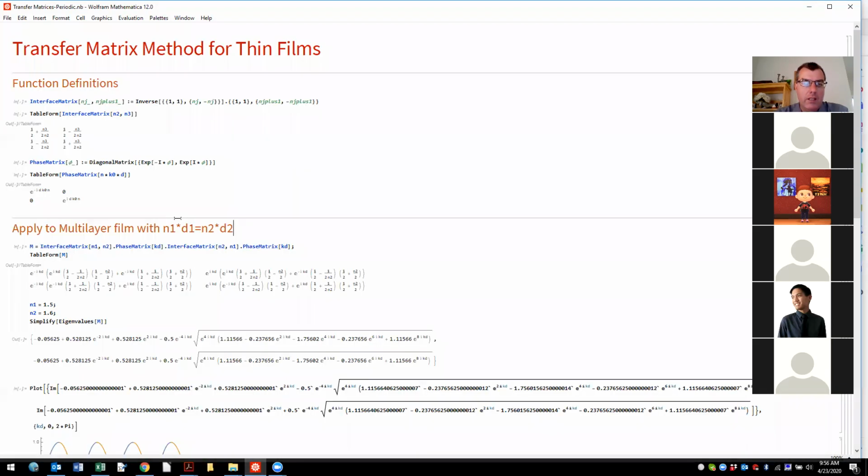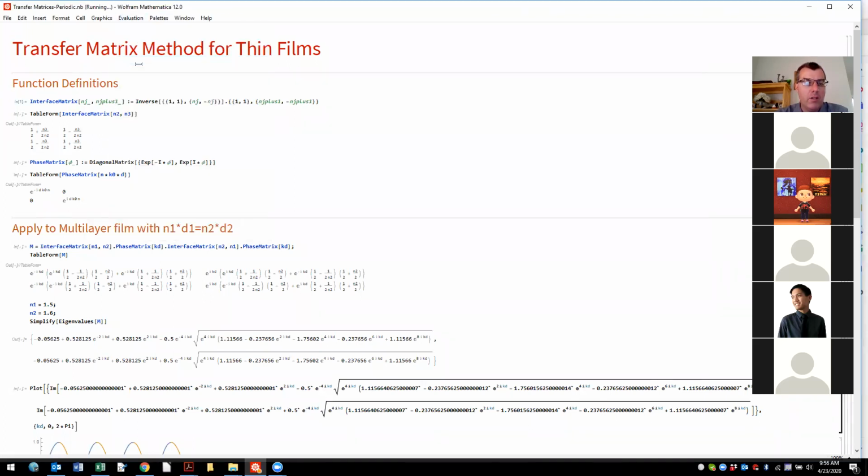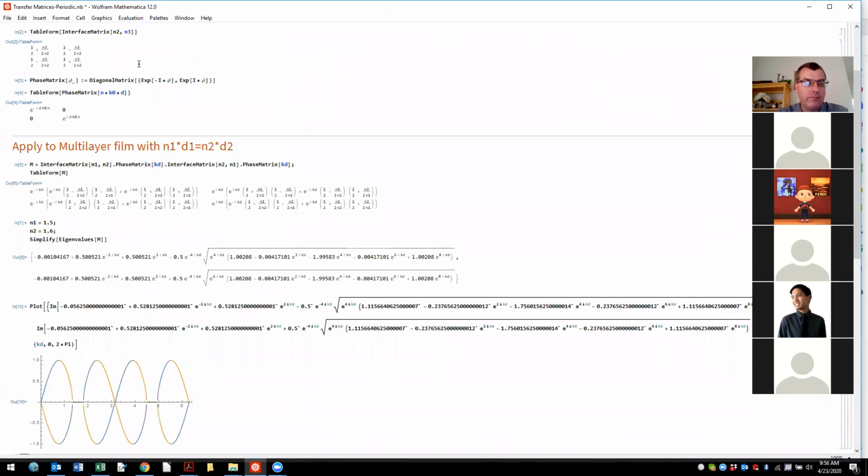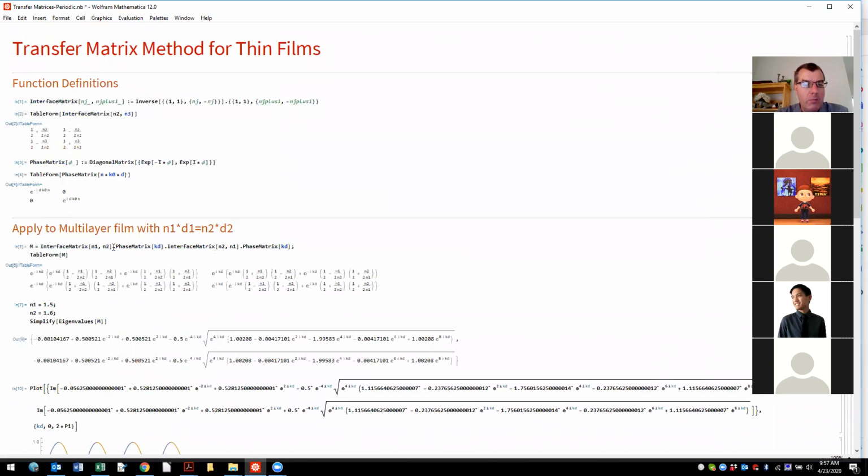All right, so I did that in Mathematica. I set up those equations. First, you define your interface matrix and your phase matrix. Then we multiply 4 matrices together, we get something messy. If we solve for the eigenvalues, I put in a small refractive index contrast.